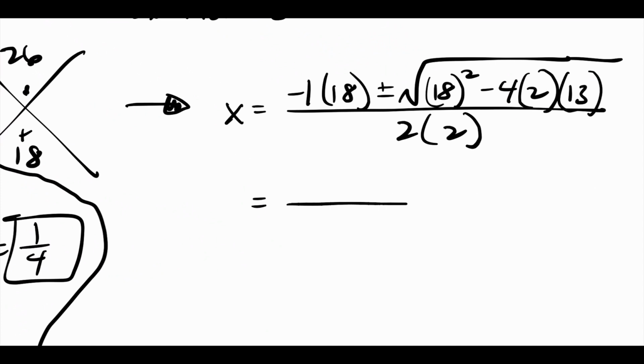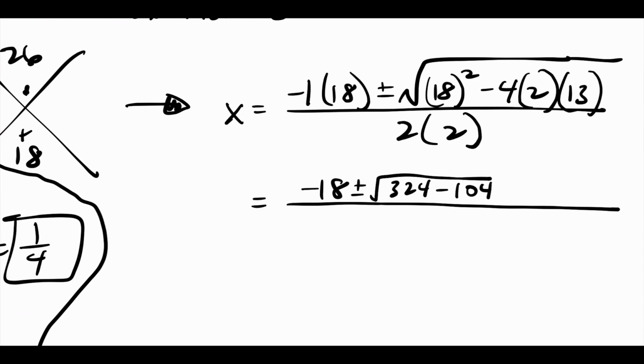So negative 18 plus or minus the square root of 18 times 18, which is 324, minus 4 times 2 times 13, which is 104, all over 4.